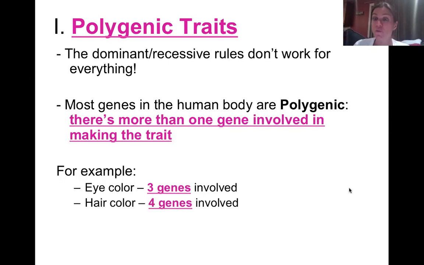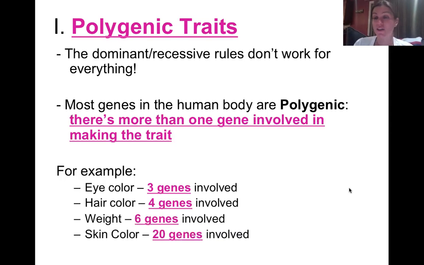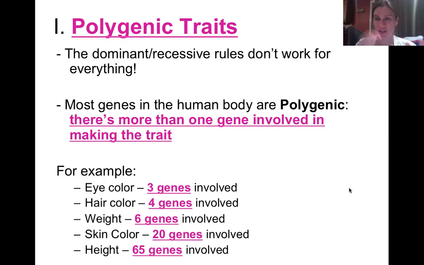Hair color is 4 genes, so that's a lot. But take a look. Weight is actually 6 genes, whereas skin color is 20 genes, while height is 65 genes. So for you to say, "Oh, I'm going to be tall because my father was tall or my mother was tall," it doesn't really work out that way because there are a lot of different things involved.